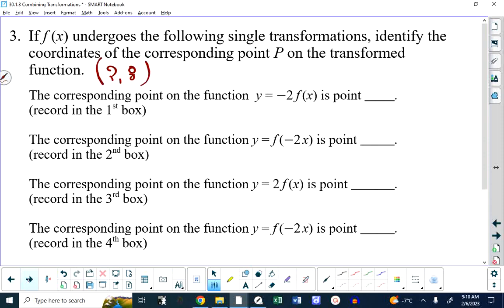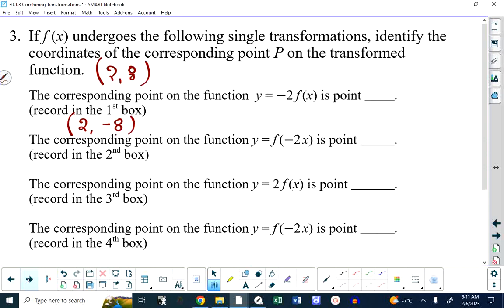That's the starting point. This negative in front of 2f of x means things are reflected vertically. That means the y coordinate gets flipped. So that 2, 8 is going to become temporarily 2, -8. I guess it is kind of mapping, but I'm just visualizing it up at 8 and it goes down to -8. The other thing that's going to happen is this 2 stretches things vertically by a factor of 2.